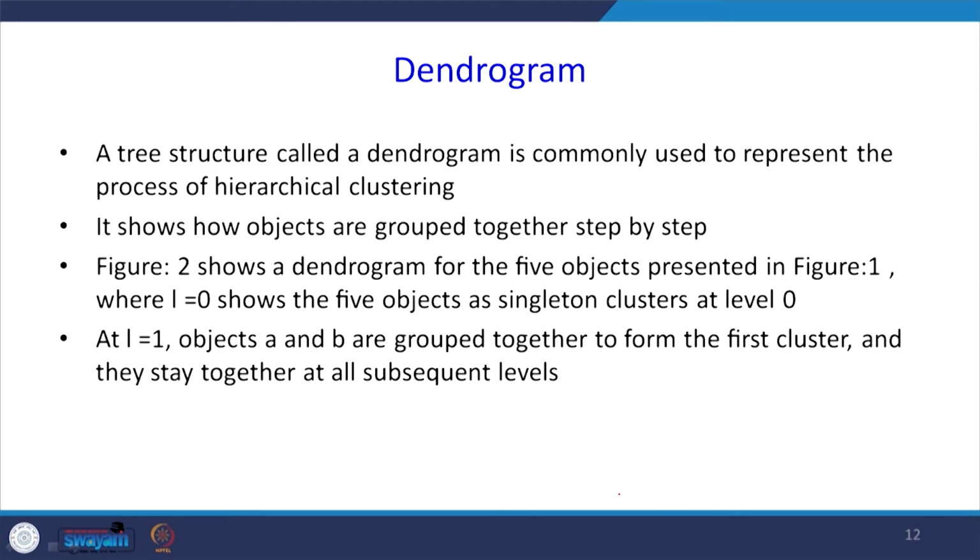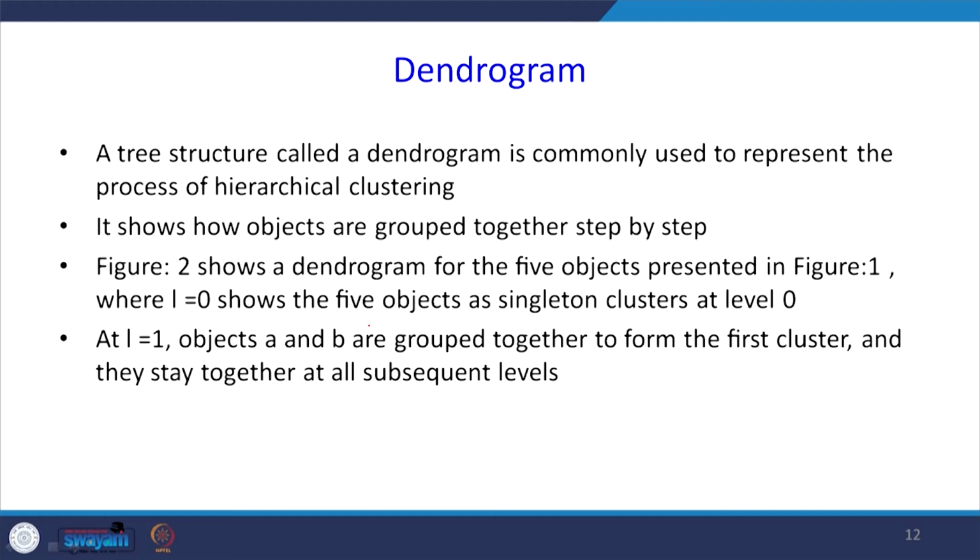A tree structure called a dendrogram is commonly used to represent the process of hierarchical clustering. It shows how objects are grouped together step by step. Figure 2 shows a dendrogram for the 5 objects presented in Figure 1, where L equal to 0 at level 0 shows the 5 objects are singleton clusters. There is only one element in the clusters at level 0.